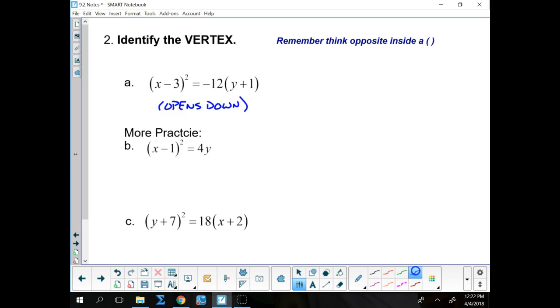So the vertex then is going to be the number attached to the x and the number attached to the y. So I'm looking at this number and I'm looking at that number. Are both in a set of parentheses? Yes. So I have to think oppositely, correct? Well, what's the opposite of the left one?